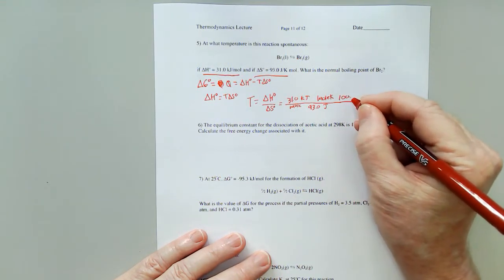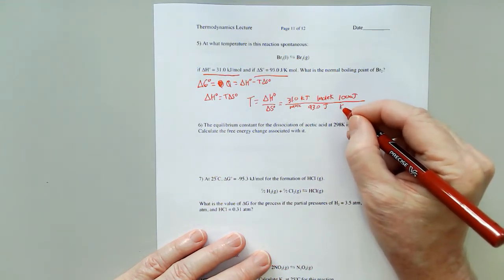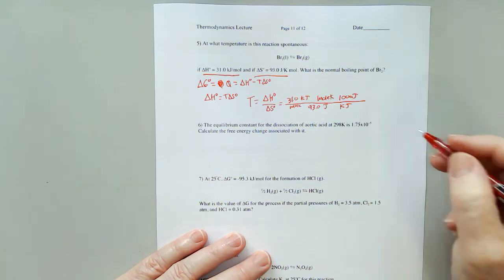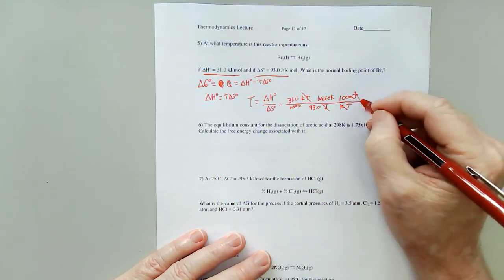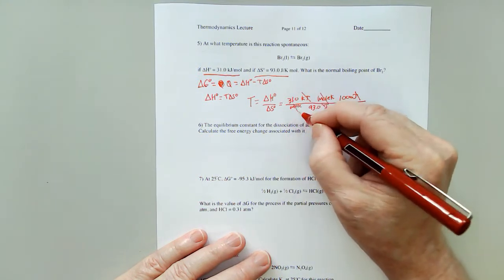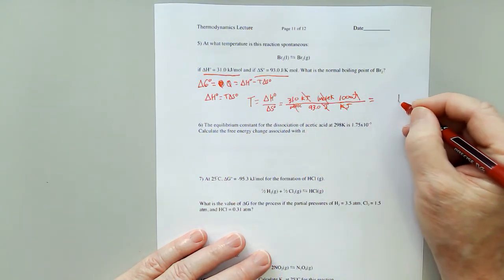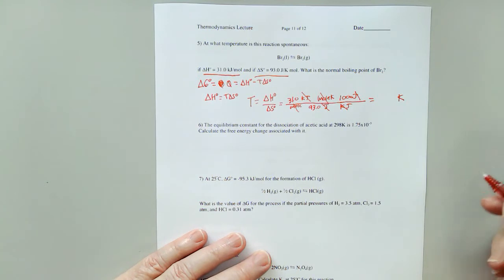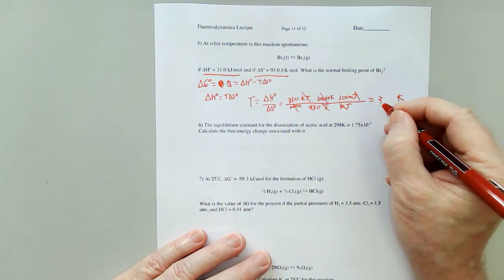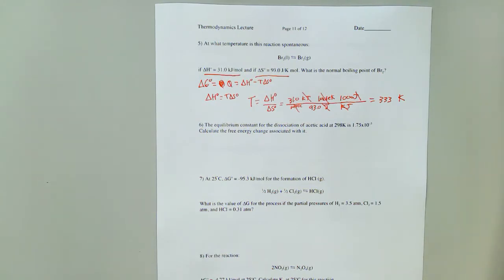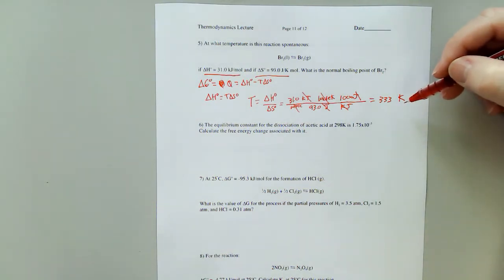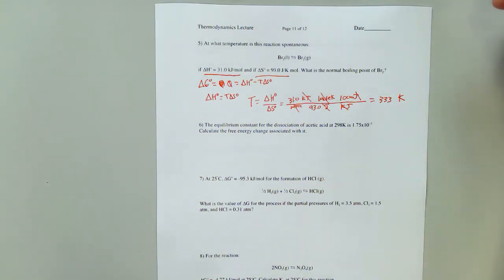I can say 1,000 joules per kilojoule. And when I do that, the kilojoules cancel, the joules cancel, the mole cancels, and I'm left with Kelvin, which is good. And on my calculator, this comes out to be 333 Kelvin. So that represents the temperature at which bromine starts to boil.